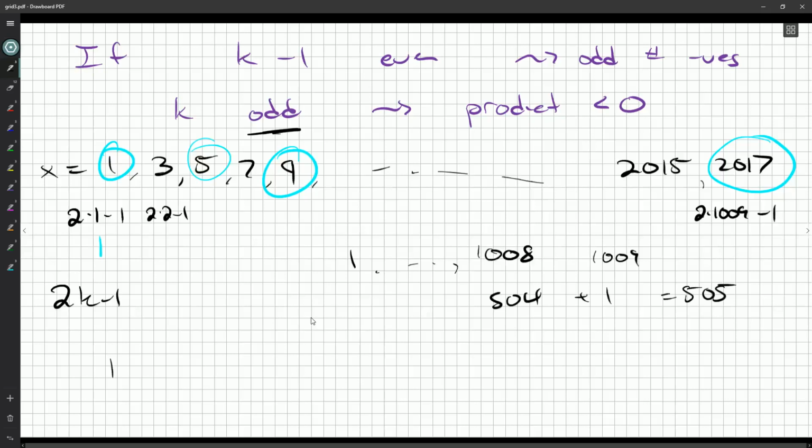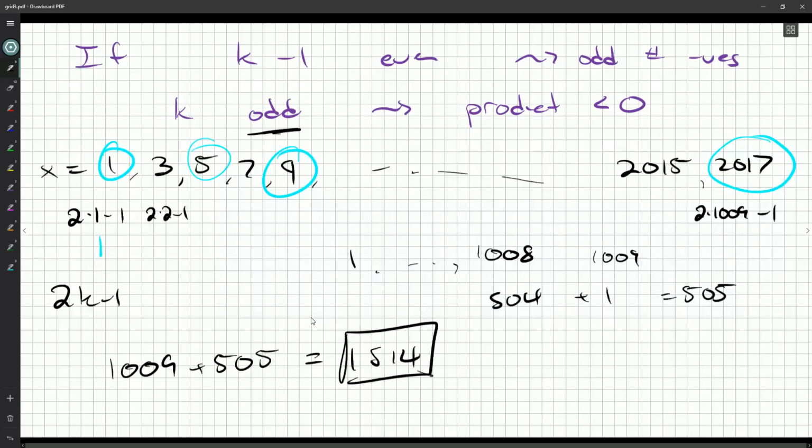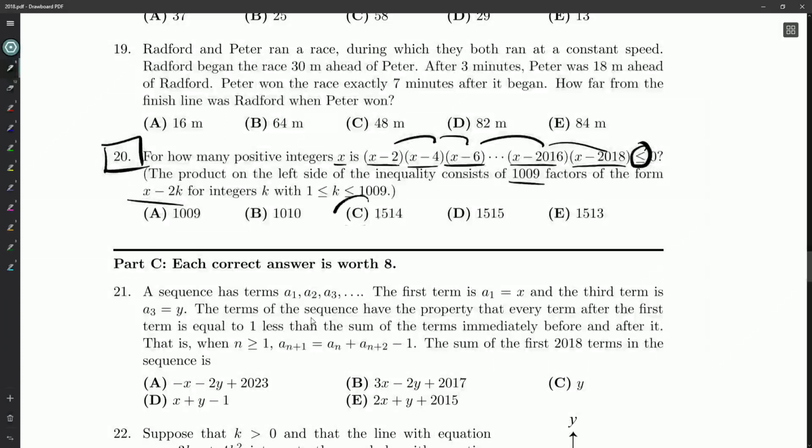So we had 1009 integers make the product 0, plus 505 make the product negative. So we'll have 1514, and that I'm claiming is the answer and that's right in the middle there. That's C. Notice our answer is D and E. Makes it that we should probably double check our work.